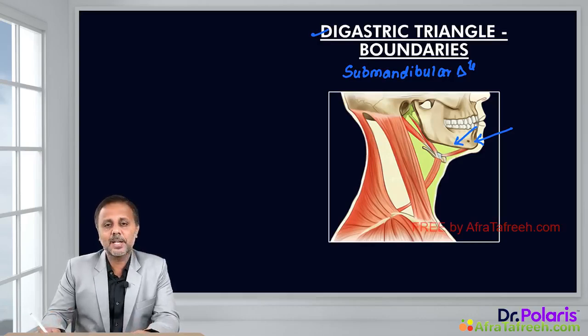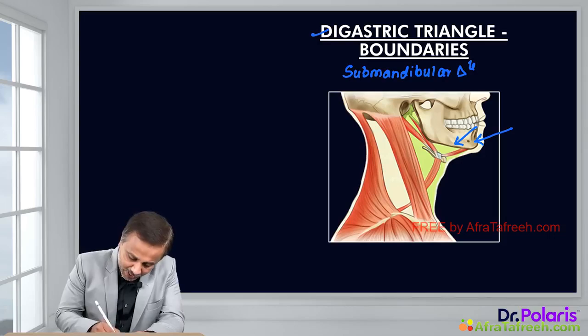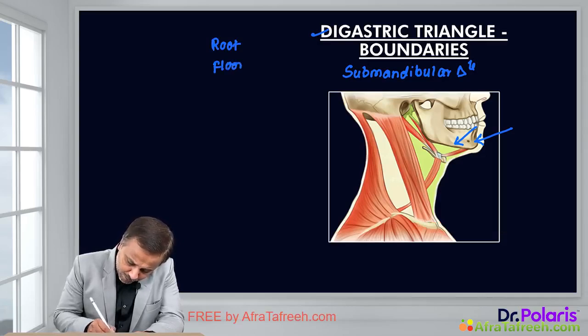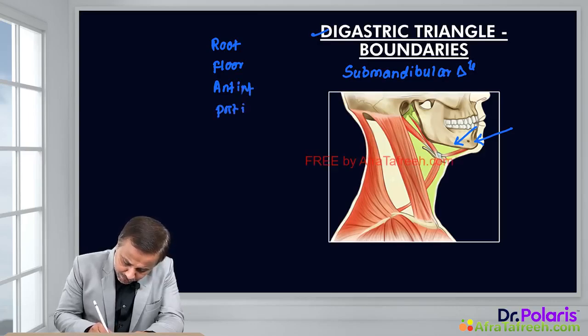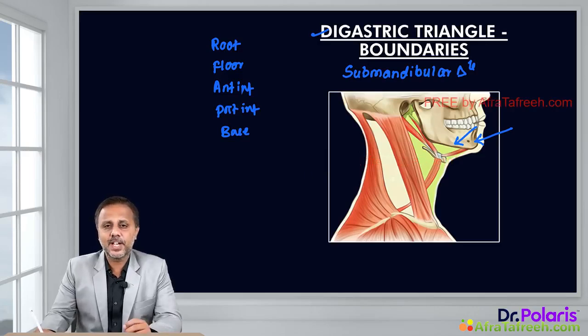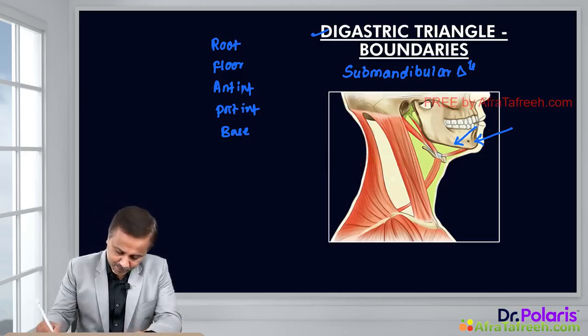The entire submandibular or digastric triangle has the following boundaries. It has a roof, a floor, an antero-inferior boundary, a postero-inferior boundary, and a base. Let's try to identify these boundaries.